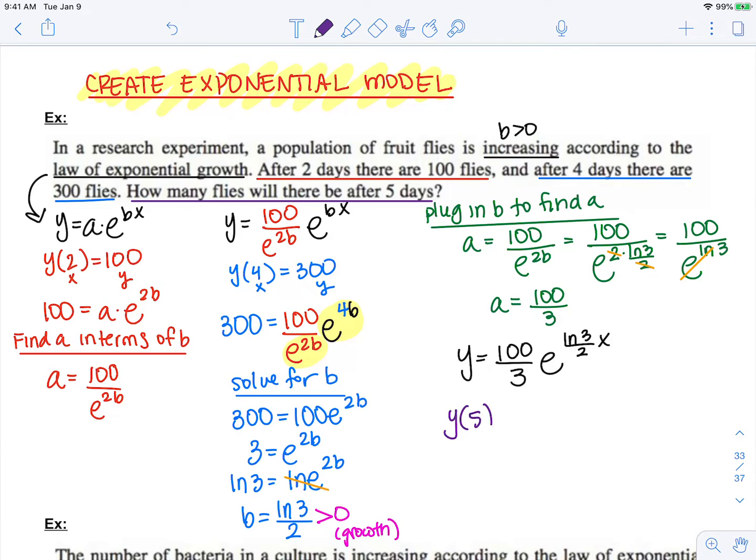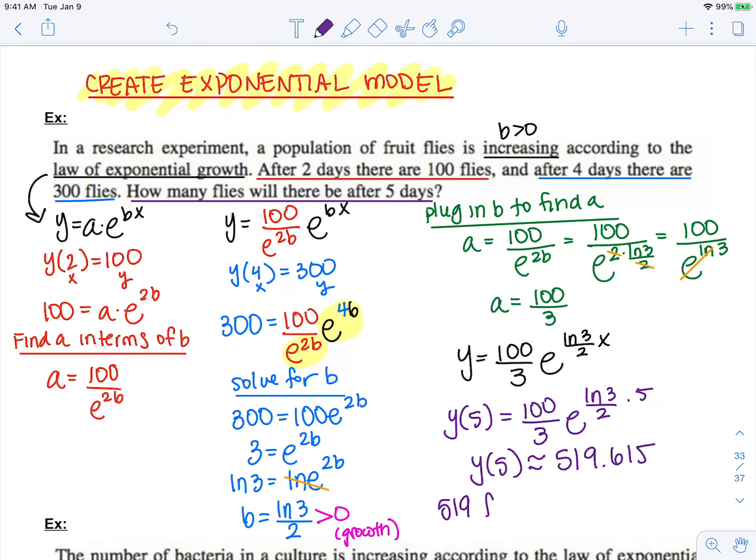So that's y of 5 equals 100 over 3 e to the ln of 3 over 2 times 5. And then if I plug that in my calculator, y of 5 is approximately 519.615. So we can't have parts of a fly. So I would say there's 519 flies after 5 days.